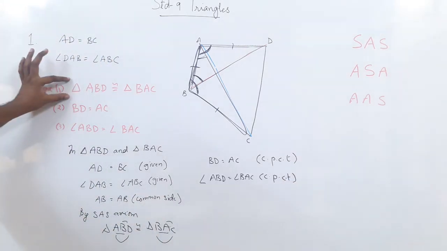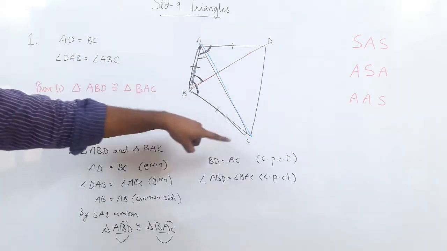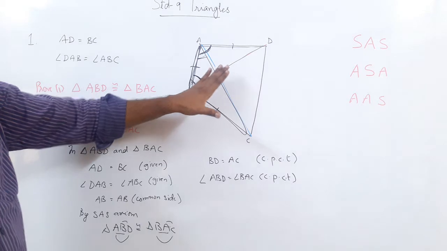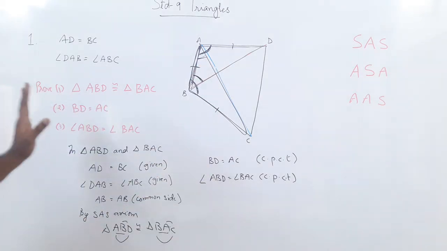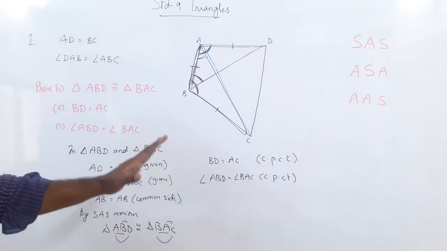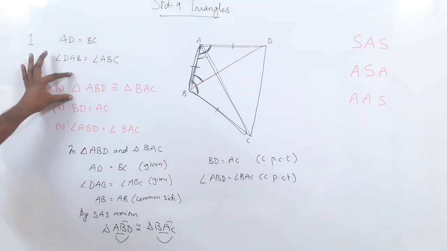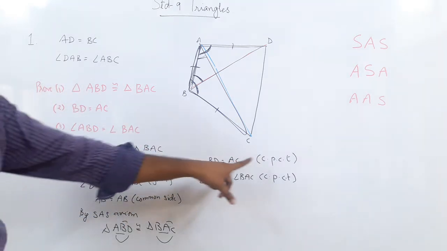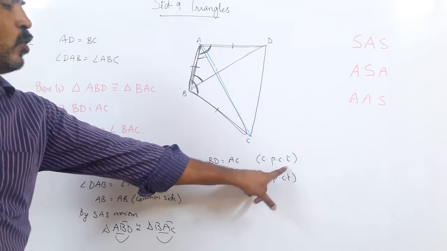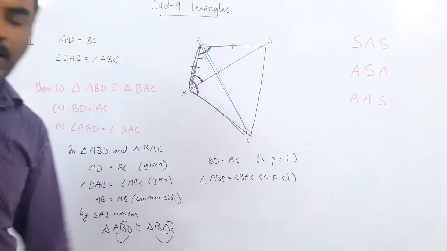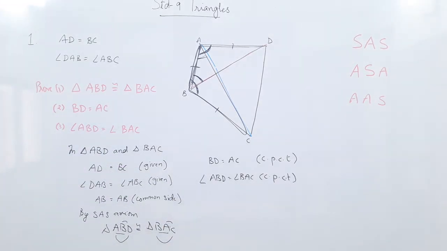So when I have shown that these two triangles, the top triangle and this triangle, are congruent by SAS, all the corresponding parts should also be congruent. So it is written as BD equal to AC. So when this is proved congruent, automatically BD equal to AC, corresponding part of congruent triangles, and also ABD equal to BAC, corresponding part of congruent triangles are equal.